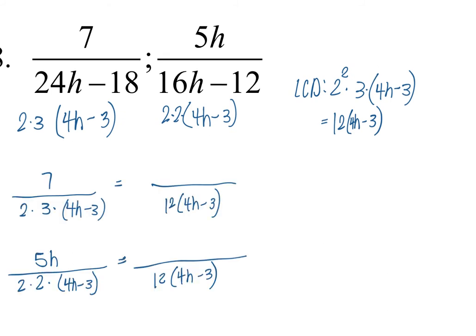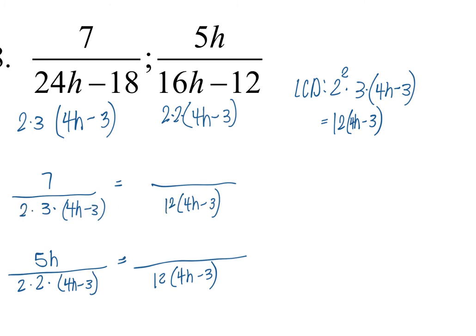For our equivalent fractions, I just wrote the factored forms of these denominators. We want to make each expression have the denominator using the LCD. How can I make 2 times 3 times 4h minus 3 equal 12 times 4h minus 3? Well, 2 times 3 is 6, so that's 6 times 4h minus 3, and we have 12 times 4h minus 3.